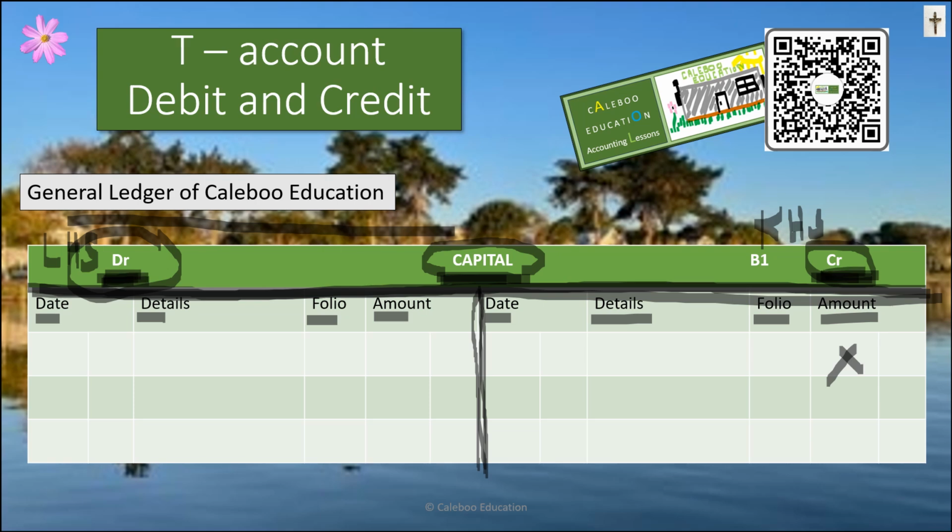After each transaction, there will always be a debit and a credit entry to the same value. This is called the double entry system. For every debit, there will be a credit to the same value.